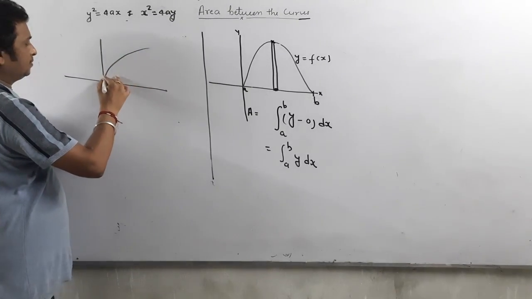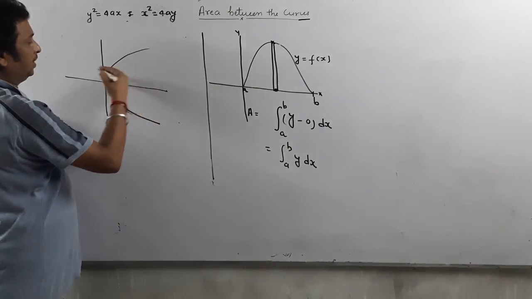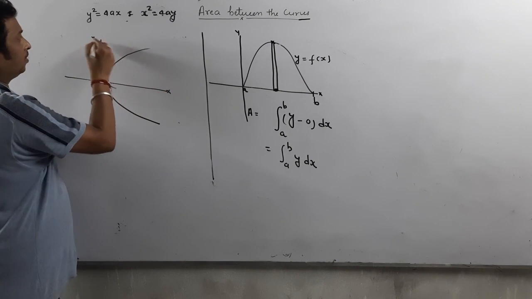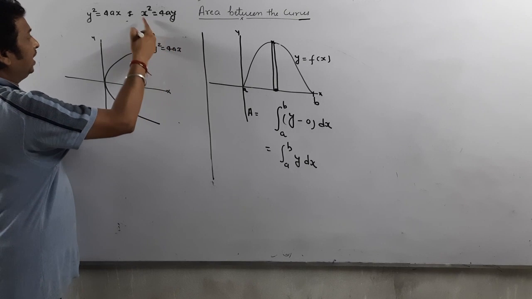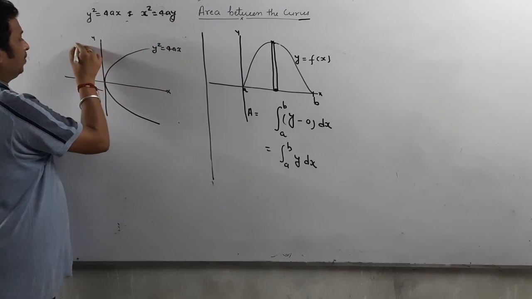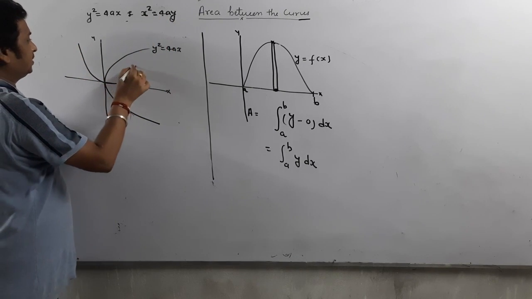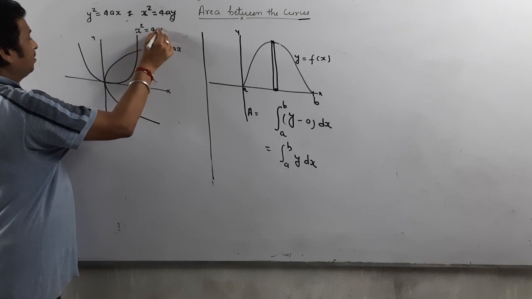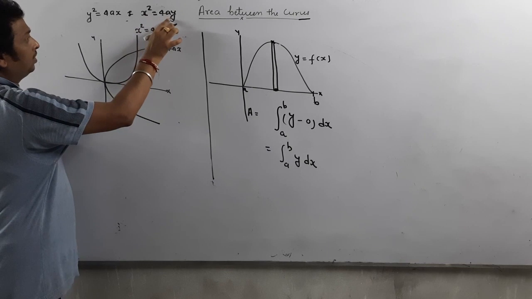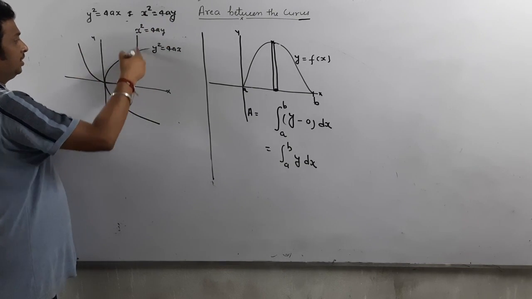This side. x positive. And x square is equal to 4ay, whatever x you choose, y value is always positive, means this curve.